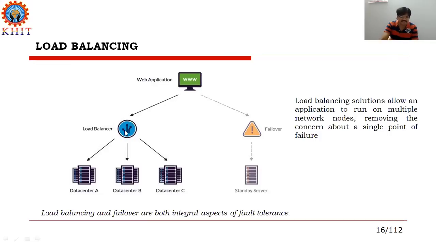Load balancing is nothing but the load balancer distributing or sharing the traffic equally among all these three data centers. Balancing the load among these three data centers is considered load balancing. If the traffic is diverted to a single standby server, and that standby server fails, what will happen? The entire process will be stopped in the middle.